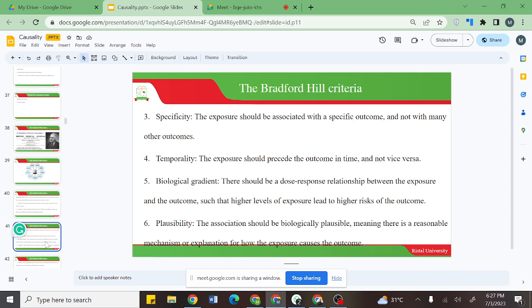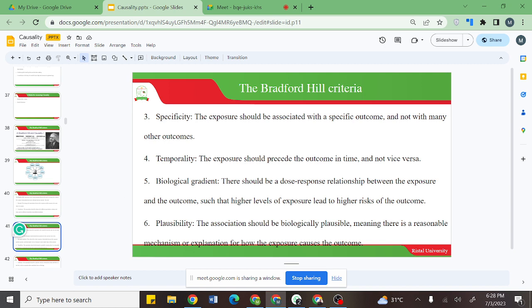So what we are saying here is that the exposure should at least be associated with a specific outcome. In this case, smoking, even if commonly linked to lung cancer, can also result in other cancers, mouth cancer, throat cancer, whatever it is. But you can see that they're in the same kind of line. So that is very important in establishing causality.